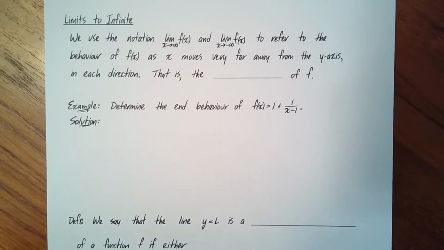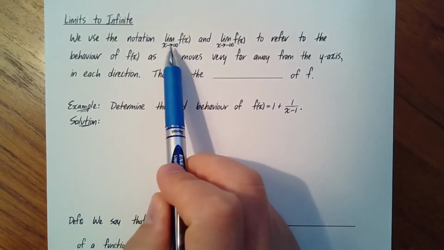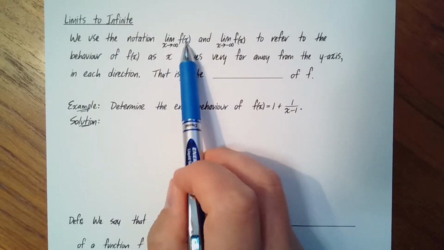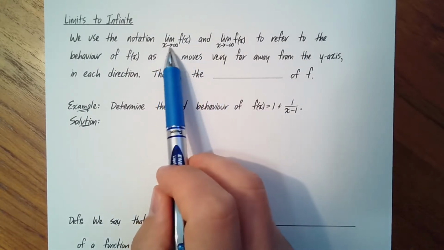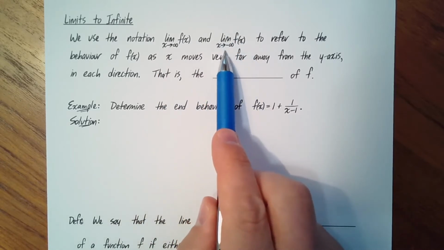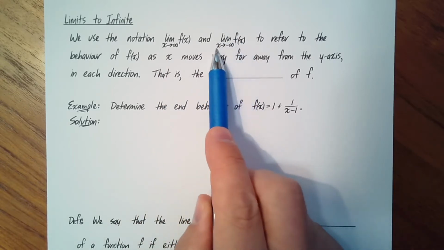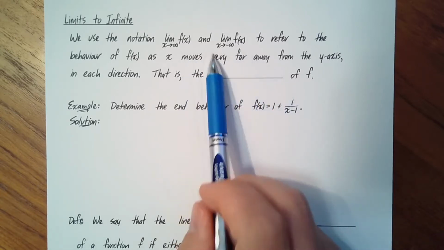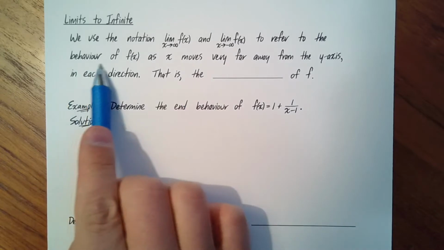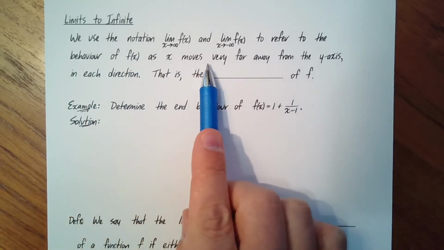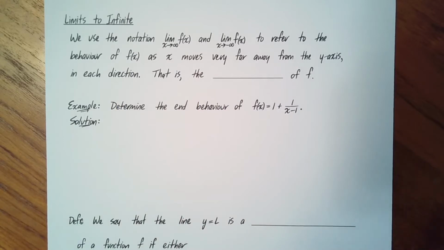Okay, so when we say the limit as x approaches infinity of f of x, what we're really saying is, well, what happens to the values of f of x as x explodes in the positive direction? Or if you use this notation, you'll say, what's happening to the values of f of x as x explodes in the negative direction? So really we're just using these pieces of notation to refer to the behavior of the output values from f as x moves very, very far away from the y-axis in each direction, right?